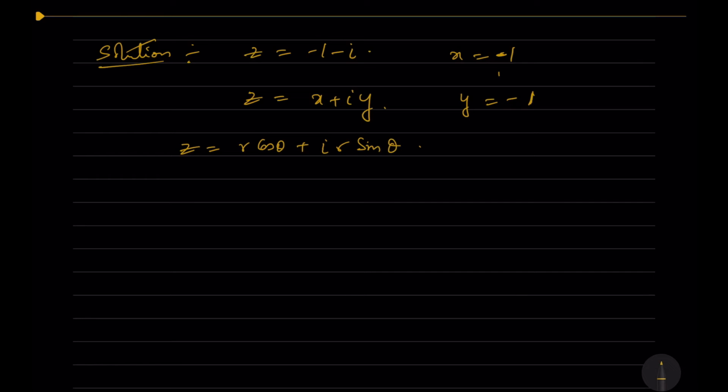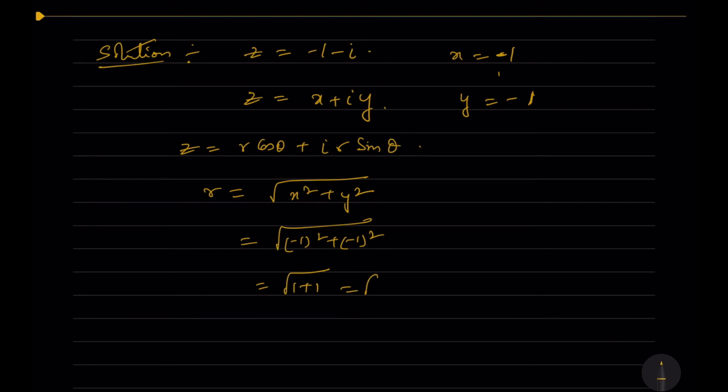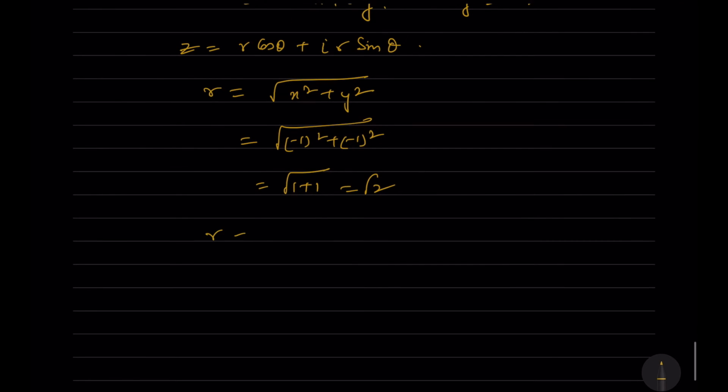So therefore now you can write r is equal to under root of x square plus y square. So it's equal to under root of (minus 1) whole square plus (minus 1) whole square, which is equal to root of 1 plus 1, which is equal to root 2. So here we got r is equal to root 2.